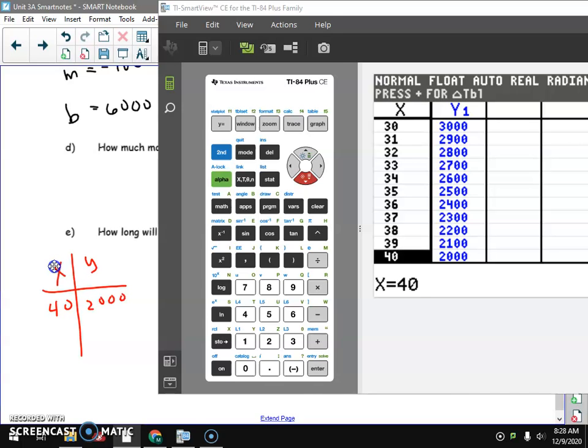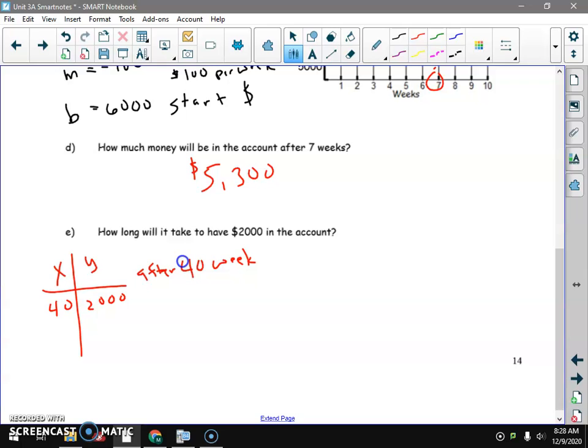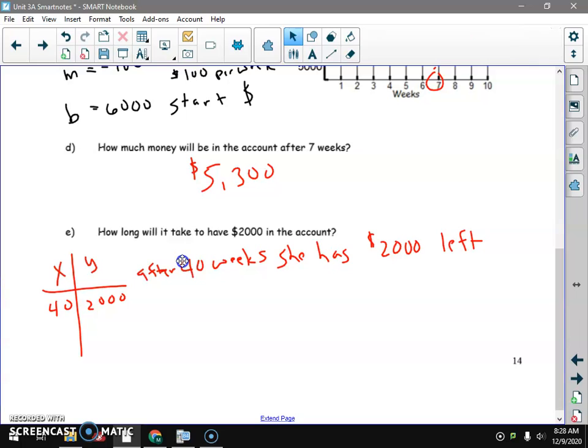And what does that mean? That means after 40 weeks, she has $2,000 left. 40 weeks sounds like a school year, so she'd have $2,000 left by the time the school year's over.